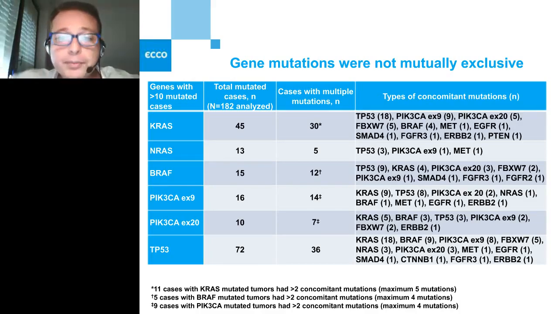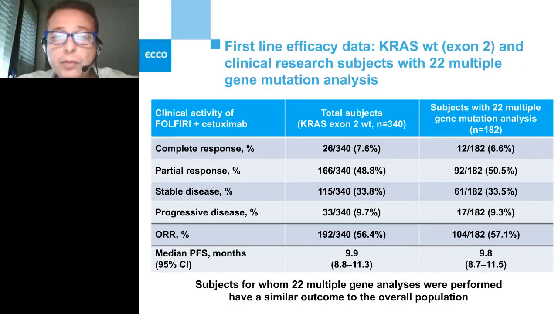More importantly, when we separate those cases that have mutations in either KRAS or NRAS from the cases that do not have mutations in KRAS and NRAS, we can see significant differences. In particular, in the KRAS NRAS wild-type population, the response rate passes from 57% to 62%, and the progression-free survival improves from 9.8 months to 11.1 months.